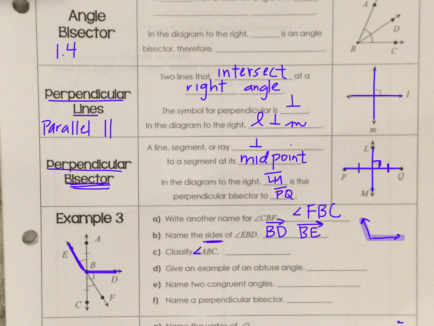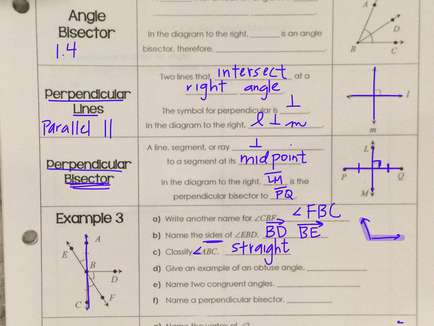Classify angle ABC. Classify means to tell me whether it's acute, right, or obtuse, or a straight line. So A, B, C, D is that. Well, that looks pretty much like a straight line to me. Give an example of an obtuse angle.